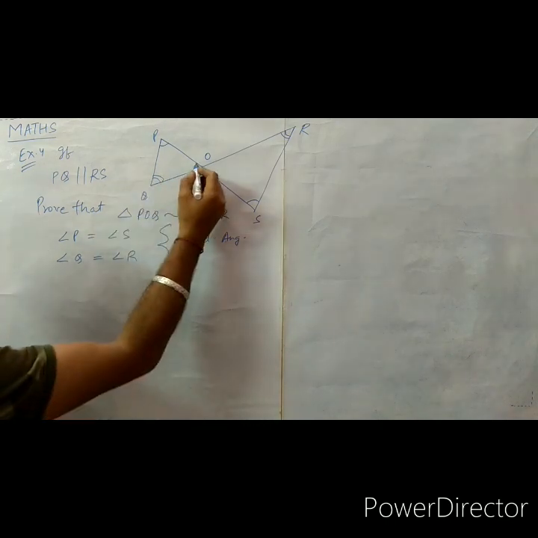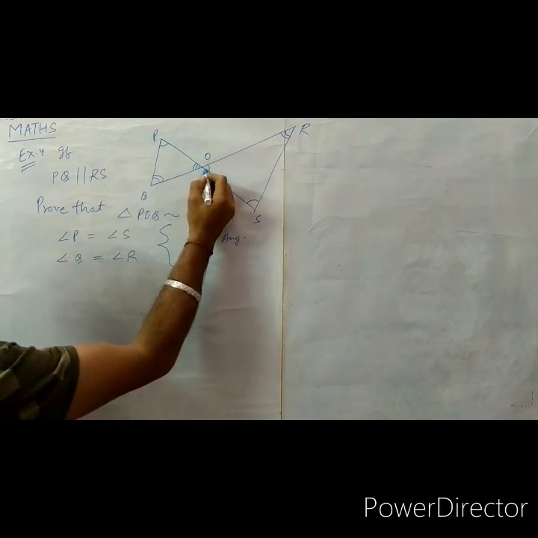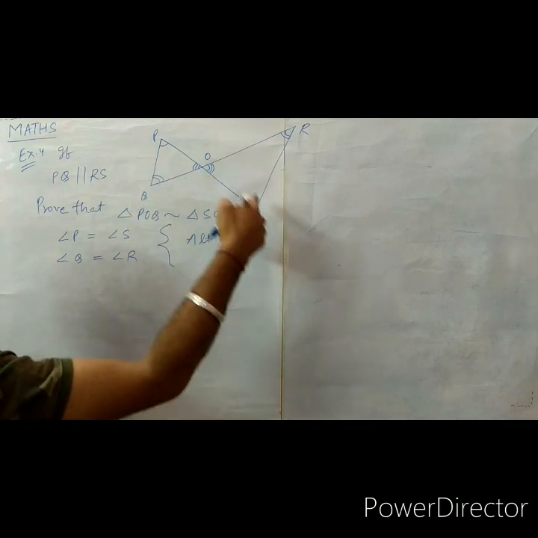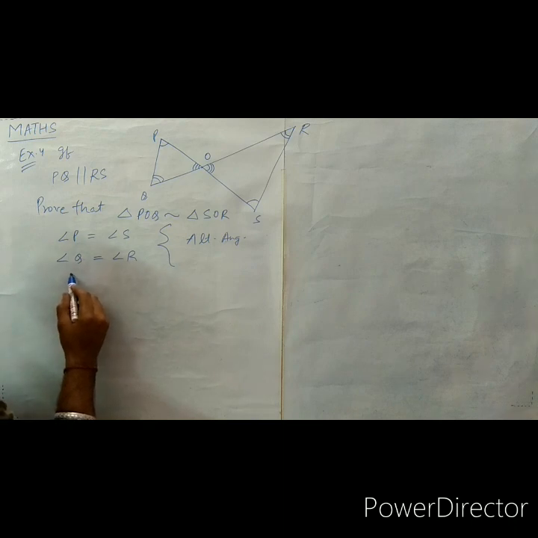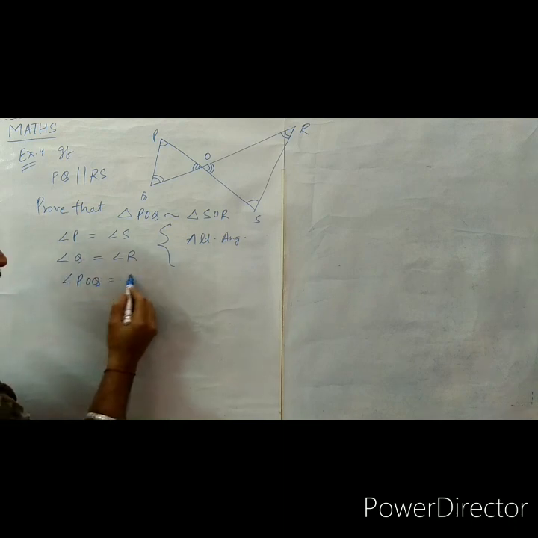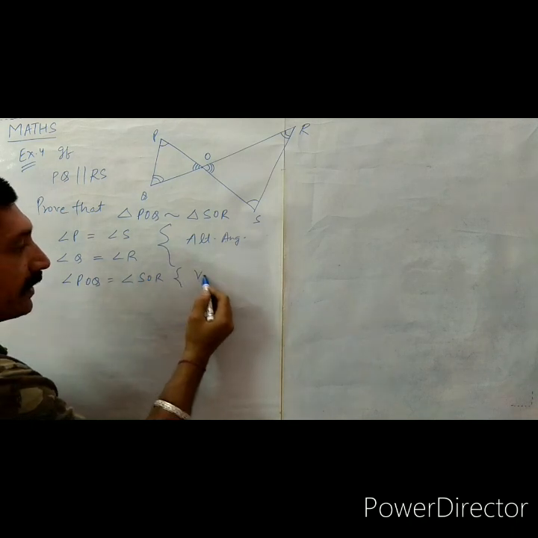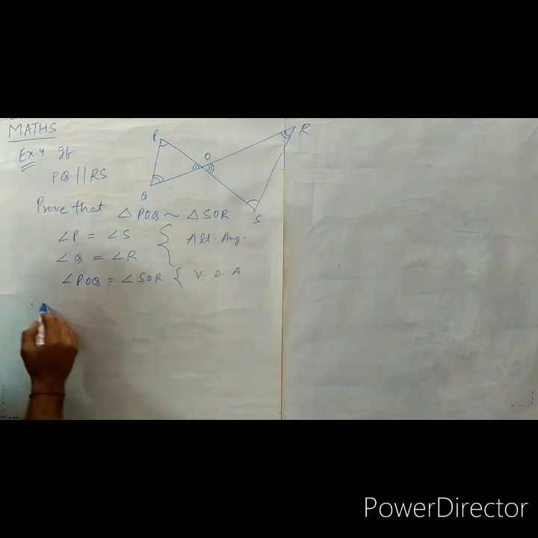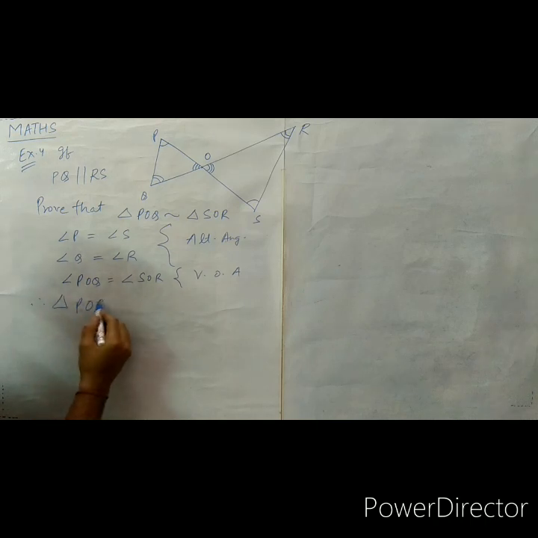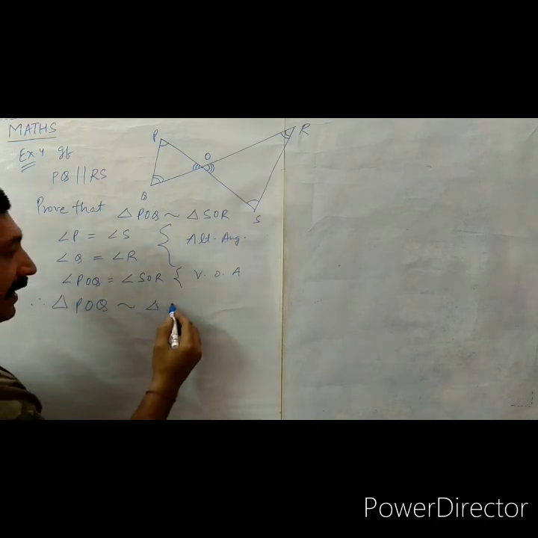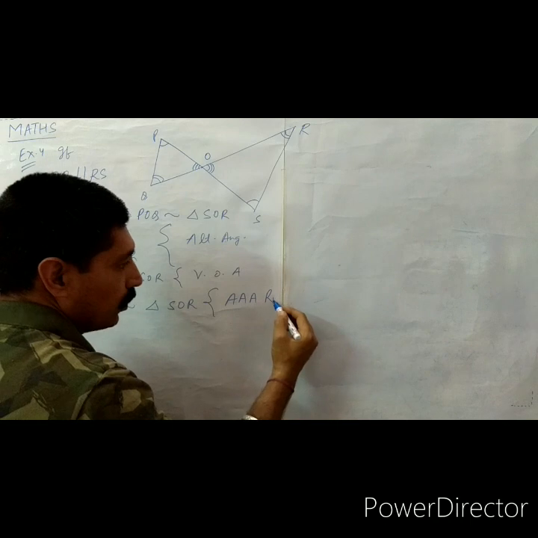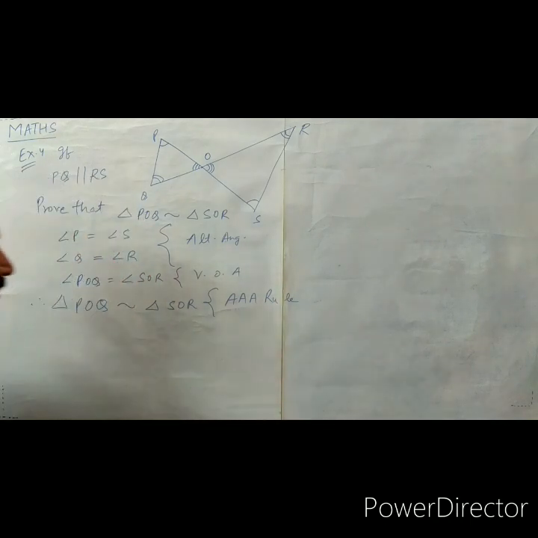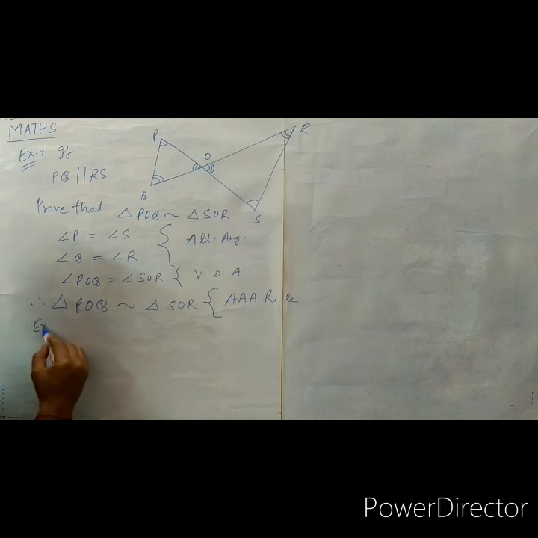And the third angle, angle POQ and SOR, are vertically opposite angles. So angle POQ is equal to angle SOR. Therefore triangle POQ is similar to triangle SOR by a rule of similarity.